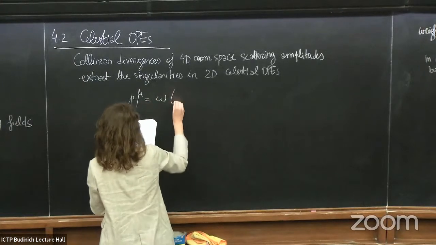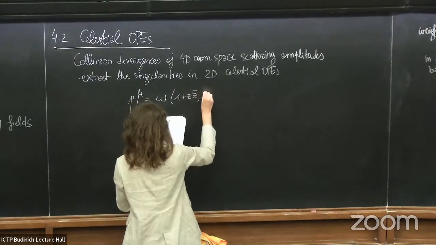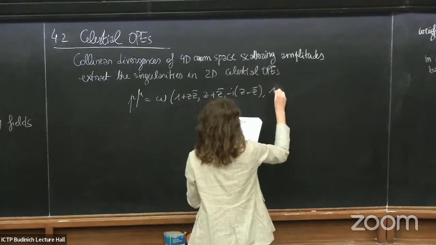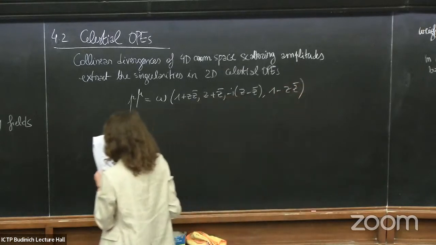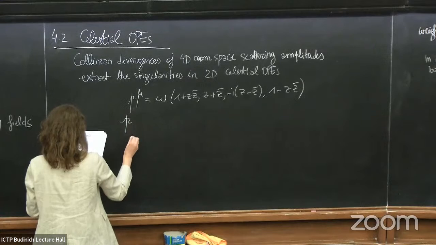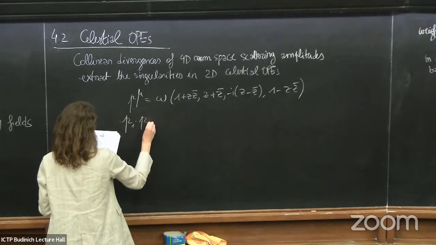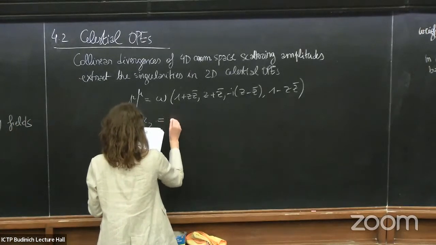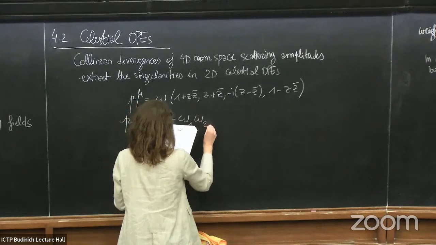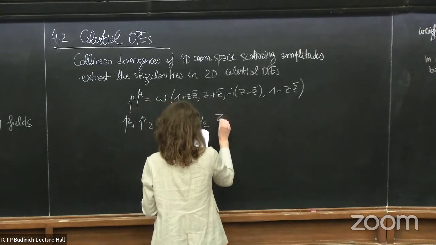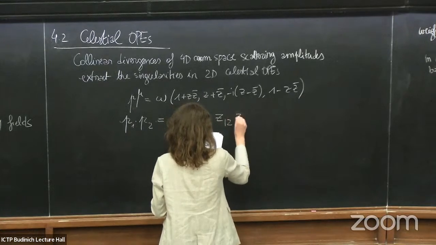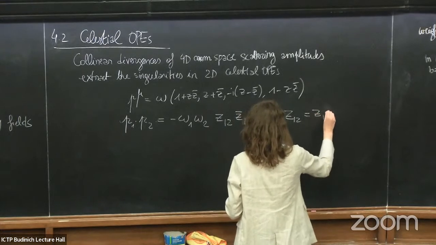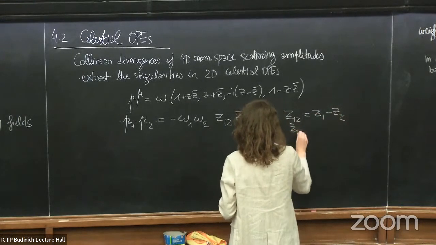You remember when we parameterize the momentum of the outgoing particle like so. If you take the product of two momenta, P1 with P2, and just compute that, you find that it is given by omega1 omega2 times Z12 Z bar 12, where Z12 is the difference between Z1 and Z2, and similarly for the bar.